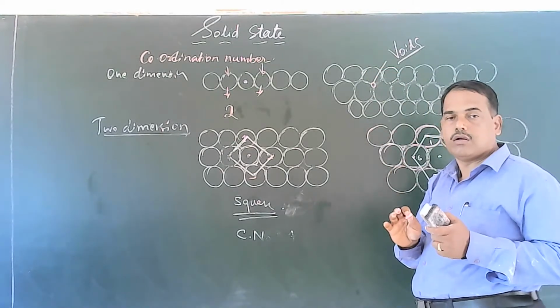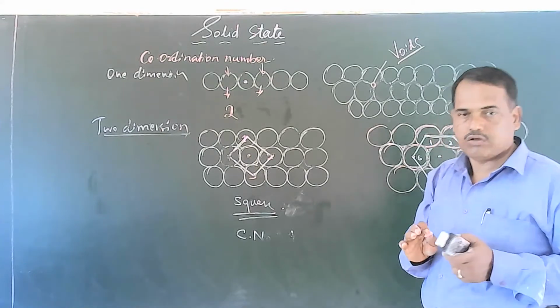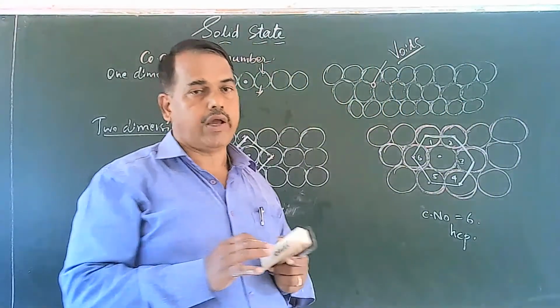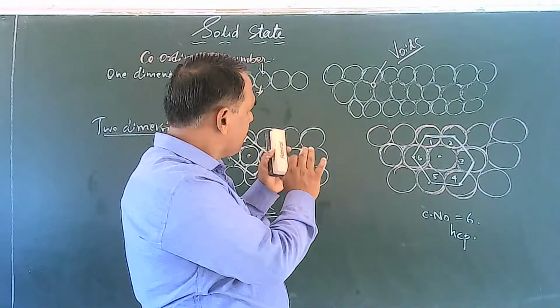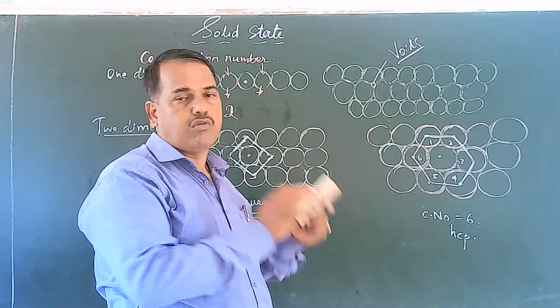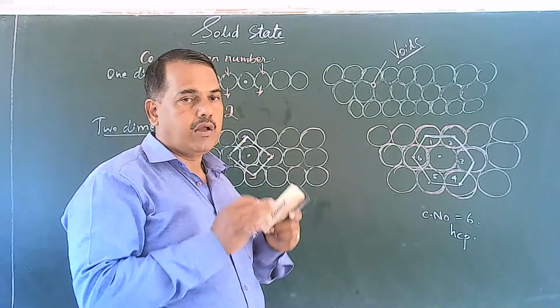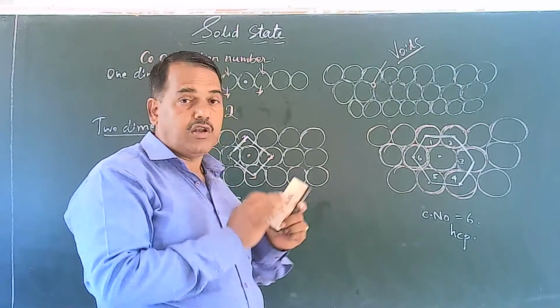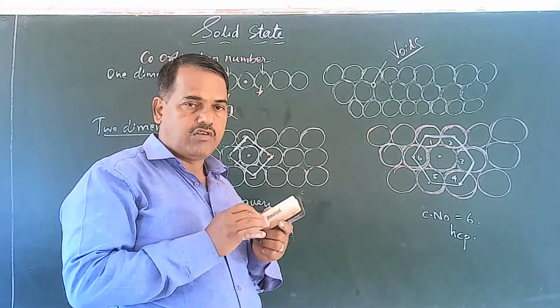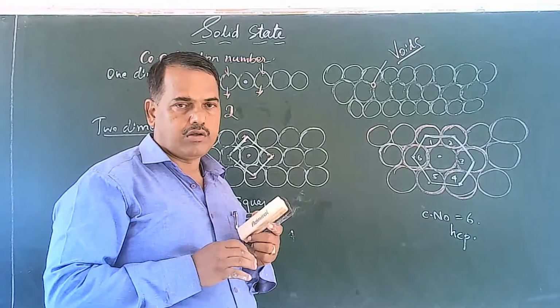Even though we say solids are strong and there is no gap, they have certain holes, spaces between those arranged spheres, and this gives inefficiency in packing. So all solids are inefficient.